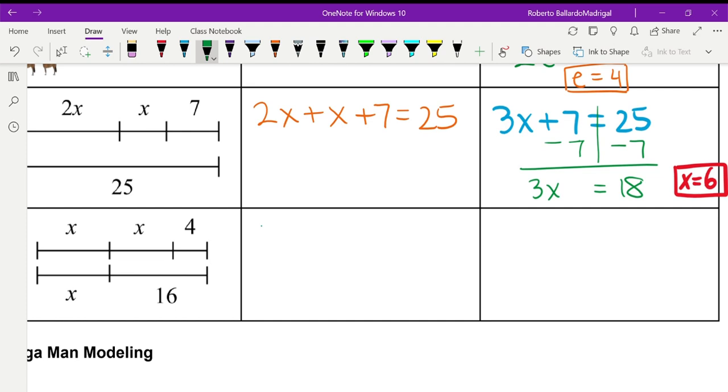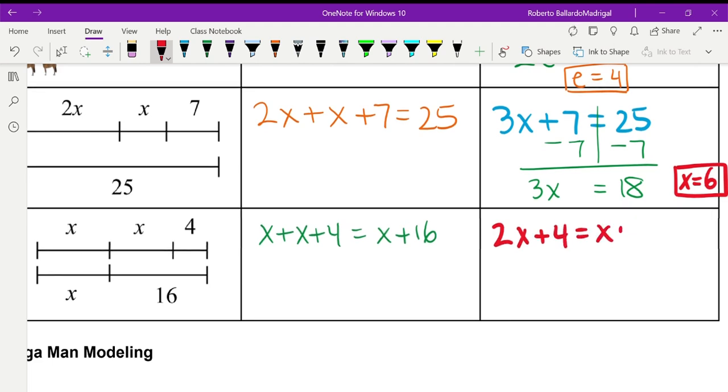Last one. So x plus 4 equals x plus 16. I can combine the x's, and that's going to give me what? 2 x's. 2x plus 4 equals x plus 16.